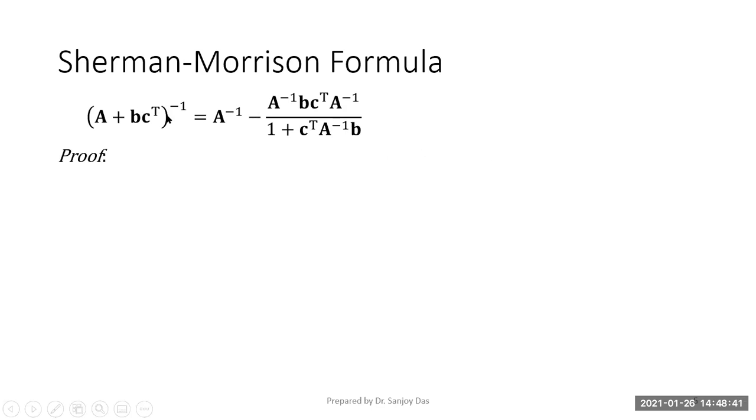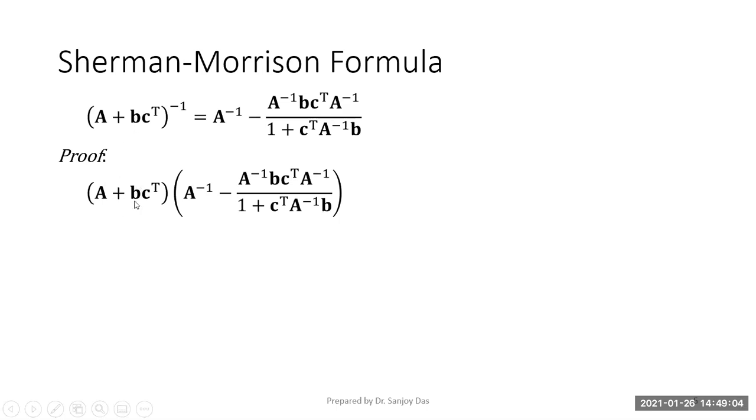Okay, now let's do the proof of this. What we're trying to prove is that the inverse of this is equal to this. So what if I multiply the right-hand side with A plus BC transpose? What should I get? The inverse of a matrix, when you multiply it with the matrix, what do you get? I, the identity matrix, correct?